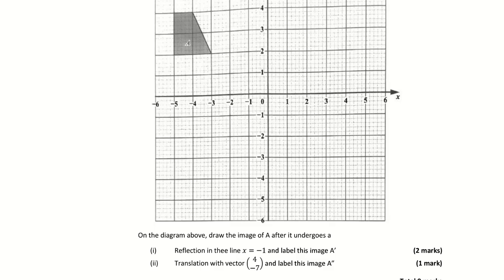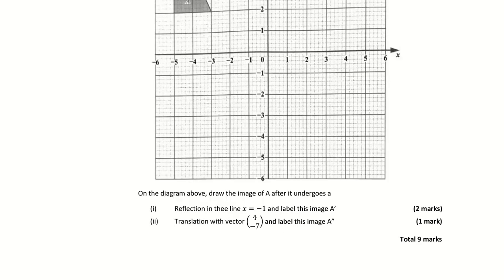This one, again, it's a transformation type question. On the diagram above, draw the image of A after it undergoes a reflection in the line x equals -1 and label this image A. And then a translation with vector (4, -7) and label it as image 2.